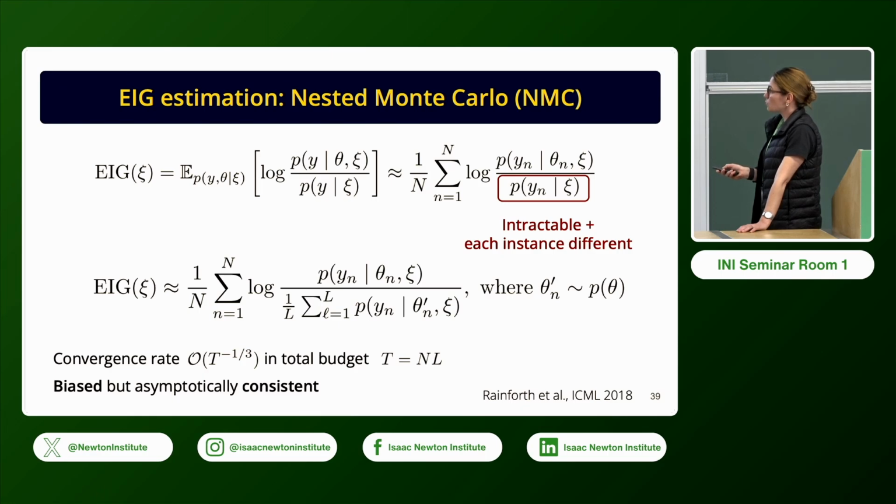The convergence rate is T to the minus 1/3, compared to order of square root T for standard Monte Carlo estimators. It is also biased, right? We have this log inside of the expectation, but it is asymptotically consistent. As we sample infinitely many samples, we will converge to the correct thing.